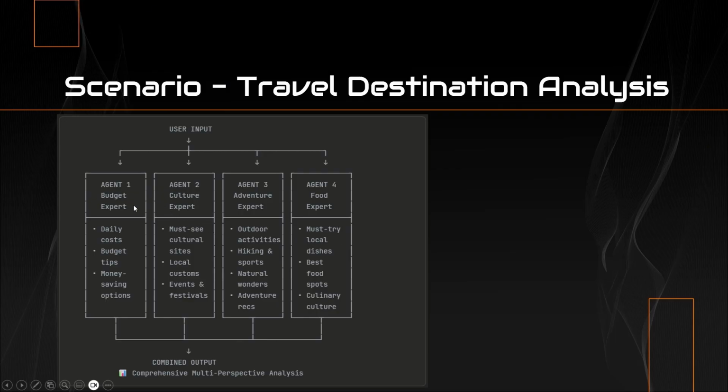One agent is a budget expert, who knows about daily costs. The second one is a culture expert. It helps me to know about must-see cultural sites. Agent 3 is an adventure expert. It shares outdoor activities and adventure things. The last one, agent 4, is a food expert.